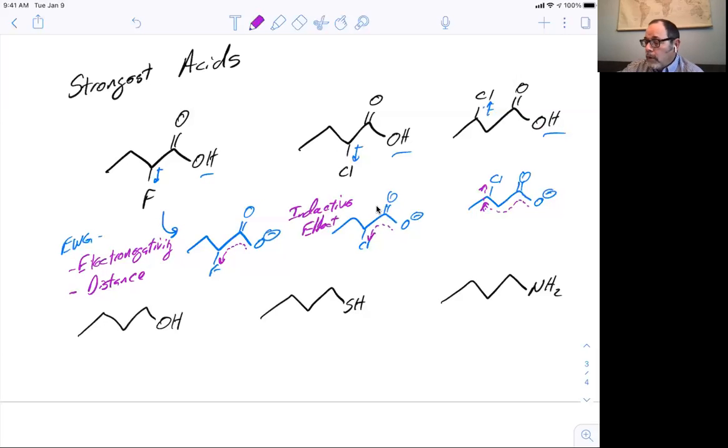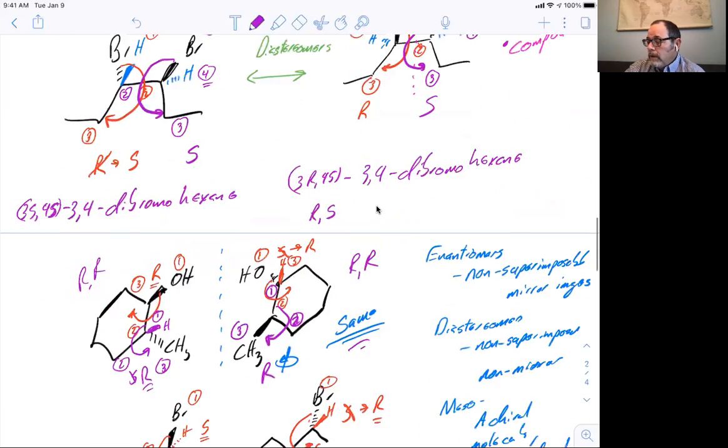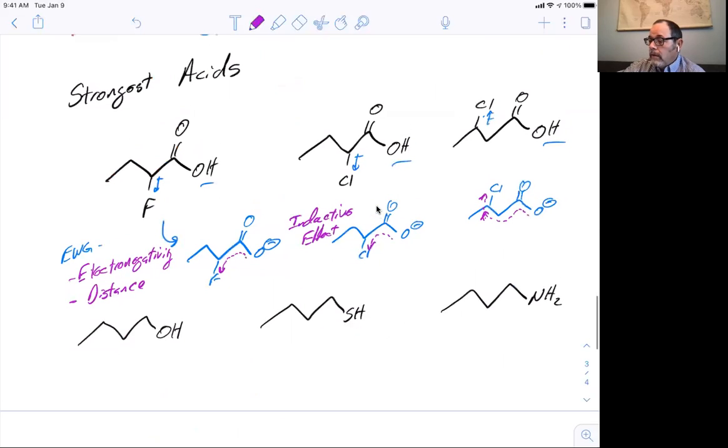If we look at the first, we have the fluorine and the chlorine, they're both in the same position, but the last one, the chlorine is further away. If we think about electronegativity, the fluorine is much more electronegative than the chlorine, not much more, but more. Fluorine is the most electronegative atom, and so therefore, this is going to have the ability to pull more electron density away from it.